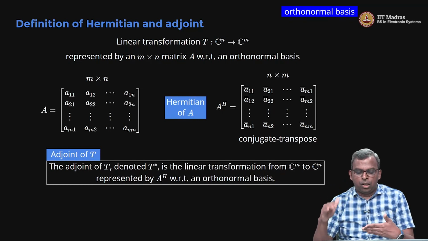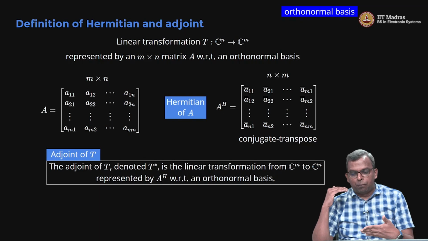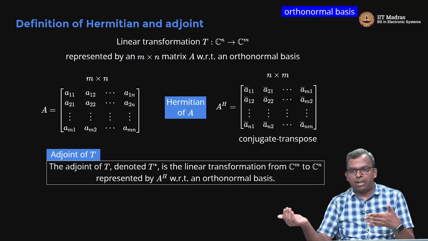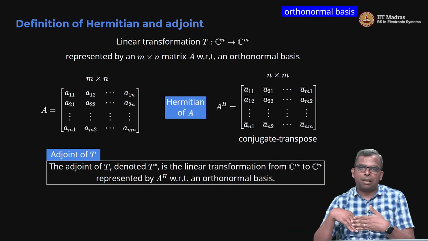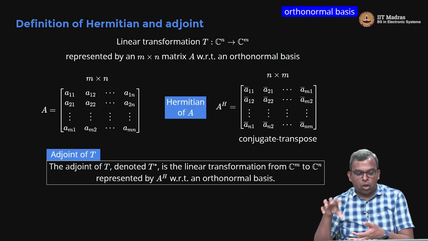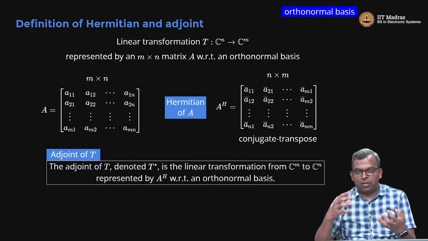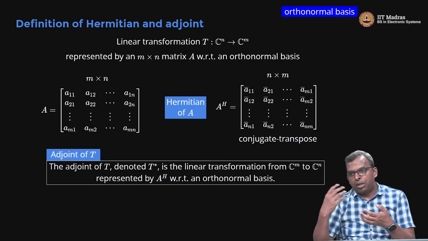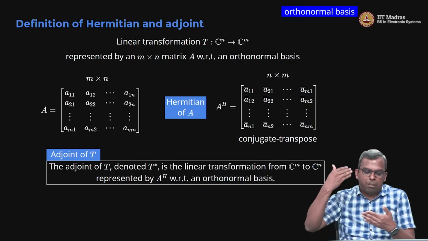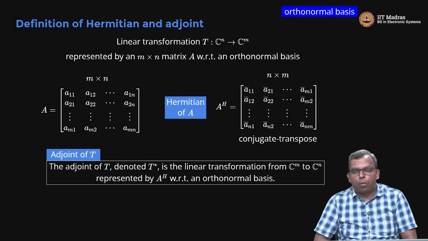Then you go to the Hermitian of the matrix, and then to the operator that is represented by that. Again, the orthonormal basis is always kept the same, and that's very important. So A is with respect to an orthonormal basis, and A Hermitian is with respect to the same basis. We define the operator T star.